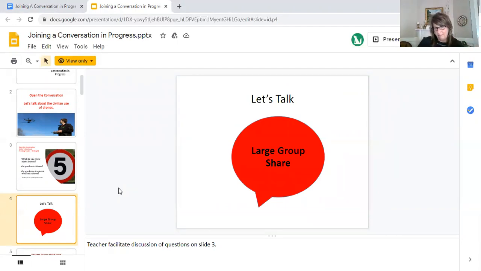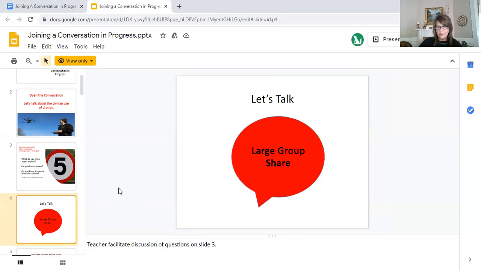I'll share first. I actually know a good bit about drones because I've done a lot of studying about them. I don't personally know anyone who owns a drone, and I don't have one myself, but I do know that people can use them for lots of different things. Kids can use them for toys, or adults can use them for toys, but then also people use them in their work.